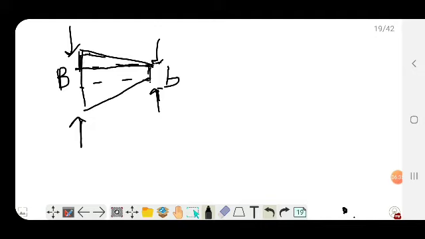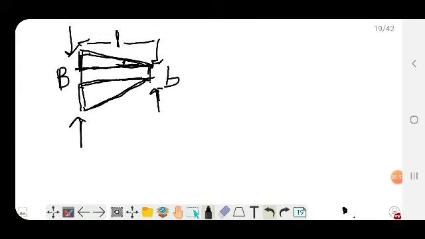Using similar triangles or the principle of slope being the same, we can find this much dimension. We can find the slope also.